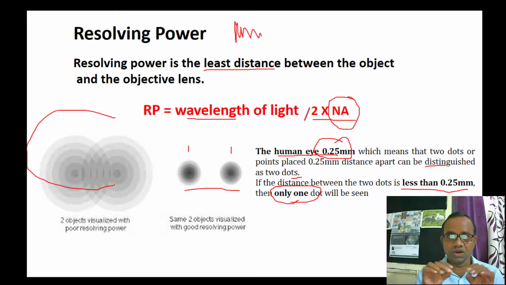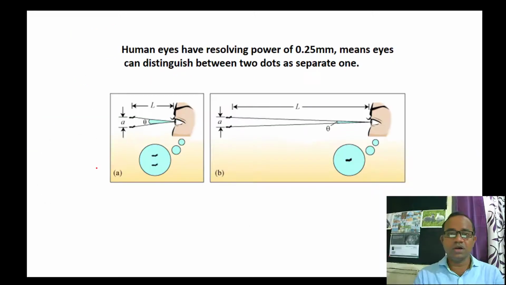The distance of the object and the objective lens is very important, and that distance will determine how clearly the image can be produced. Generally human eyes have a resolving power of 0.25 millimeter. So the human eye can separate the two dots.